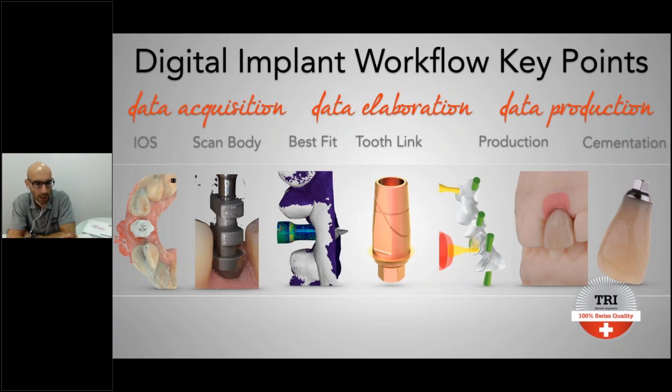Then this will be elaborated in the CAD software and finally produced. Being in the static area, there will be the need to produce a master model, and we will see why. Always being inside the digital workflow, it will be discussed which options we have to create this model and how it works.